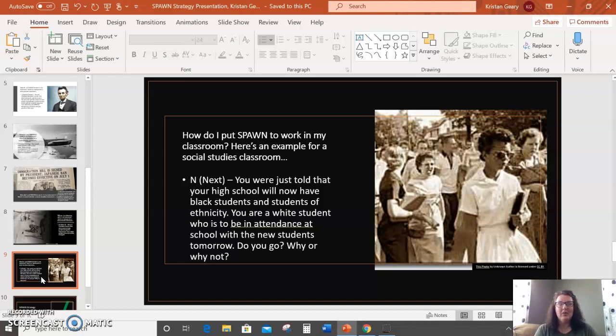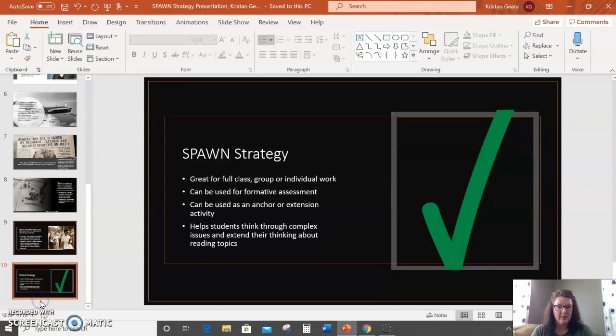But then let's think through, okay, the National Guard is there, people are screaming at you, your friends don't want you to go, maybe even your parents don't want you to go. There's just so many different scenarios that could come along with it that's really going to help develop a student's thinking skills about the situation.